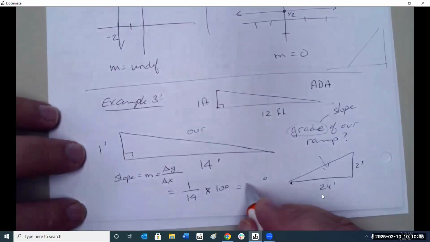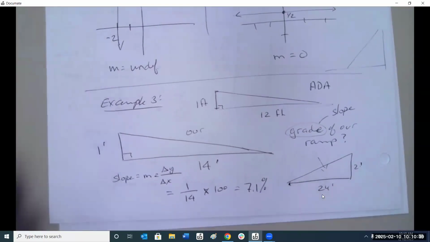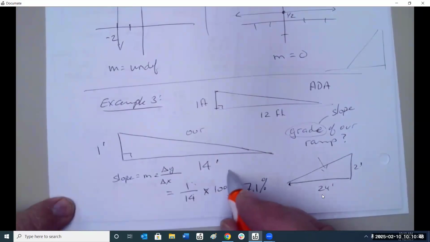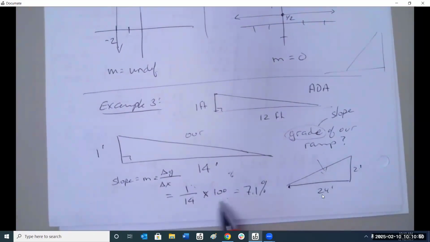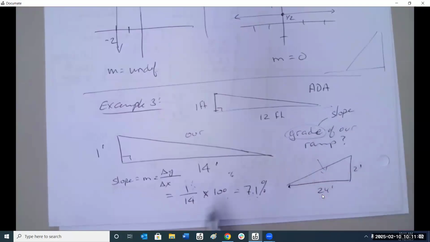And this one's going to give us 7.1% grade. Part over total times 100 is a percent. So this will give you a 7.1% grade. And that's the minimum you need. So whenever you hear the word grade, it means slope in engineering.